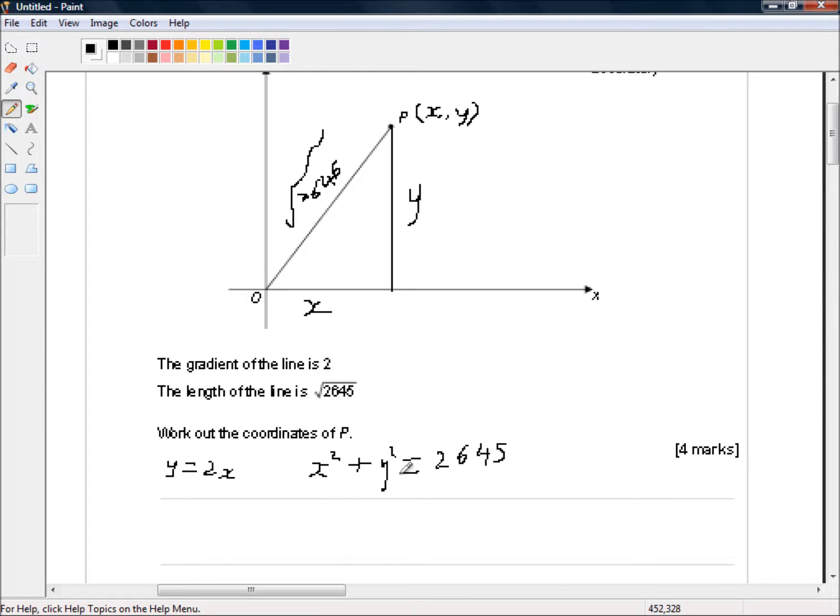But we know this value y is 2x, so we can rewrite this equation as x squared plus (2x) all squared equals 2645.